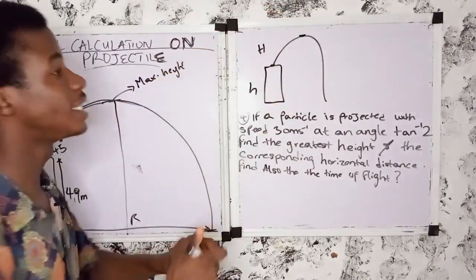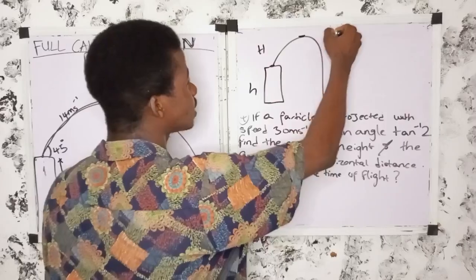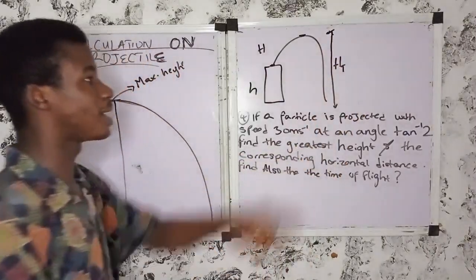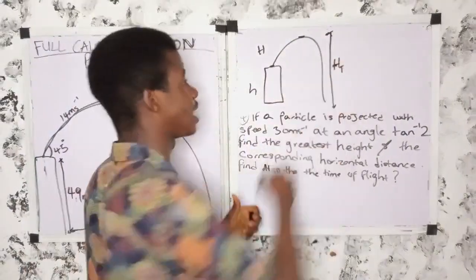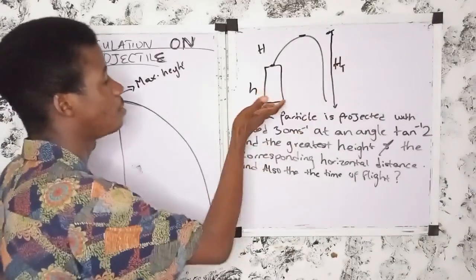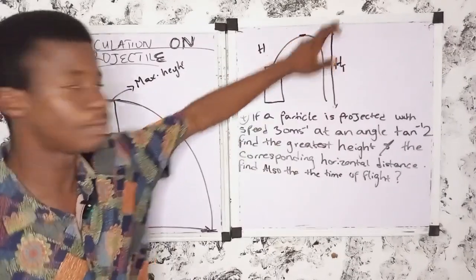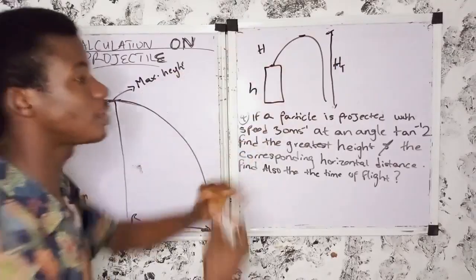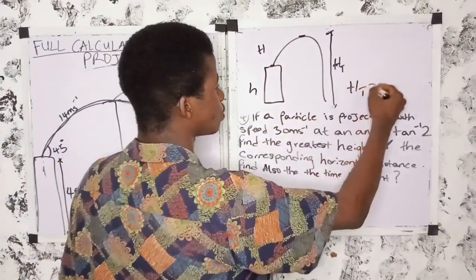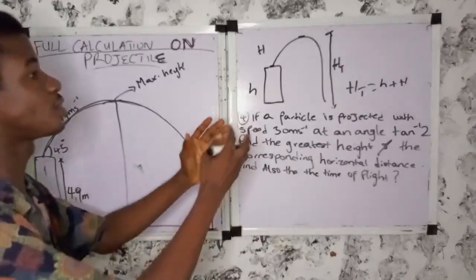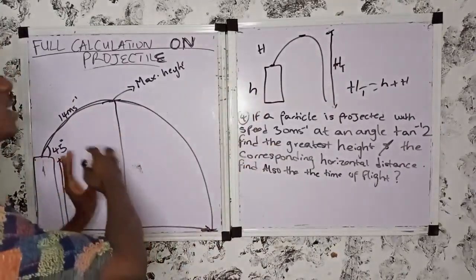The total height is the same as from here to here. I told you guys that the total height will be equal to h plus capital H, right? So we'll come across something like this here.